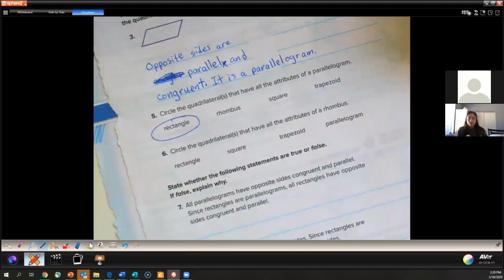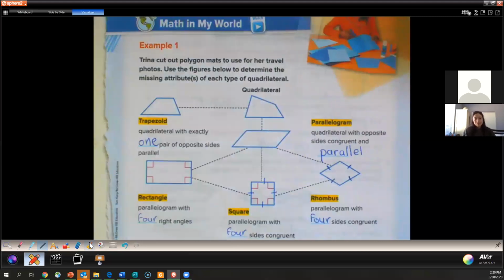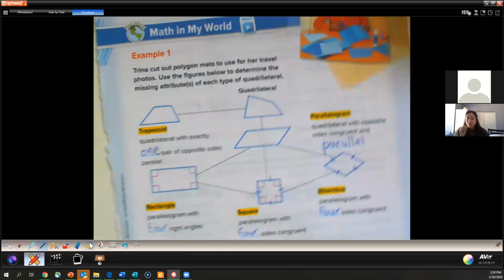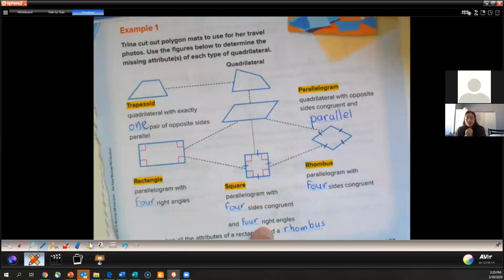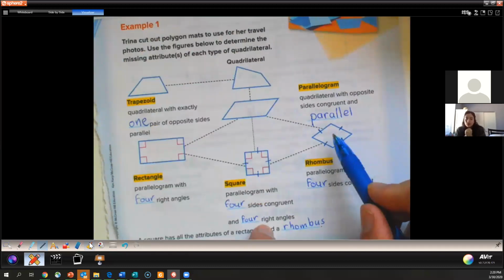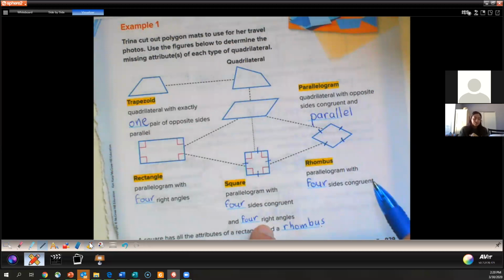So our next one, boys and girls, that we're going to be looking at is a rhombus. Let's come back to that chart. Sorry, Mr. Yates, a lot of flipping. All right, a rhombus is going to be like the sideways diamond right there. Mr. Yates, do you mind pointing to the rhombus so they know? Yeah, that shape. A rhombus is defined as a parallelogram with four sides congruent.